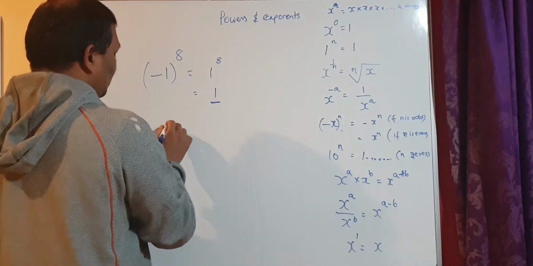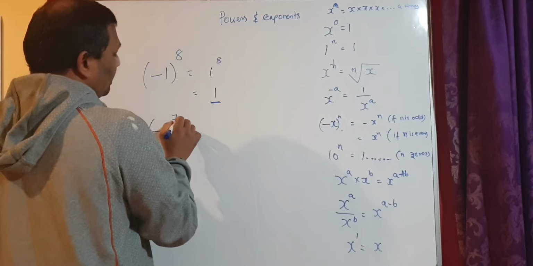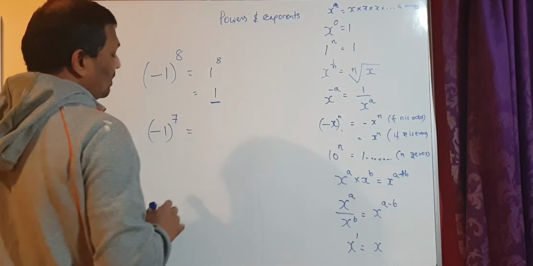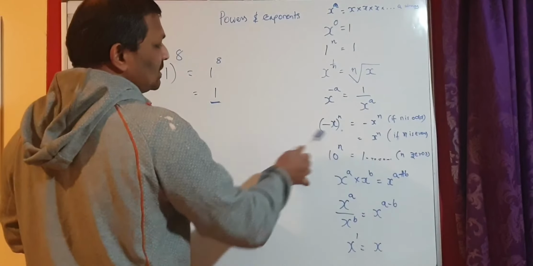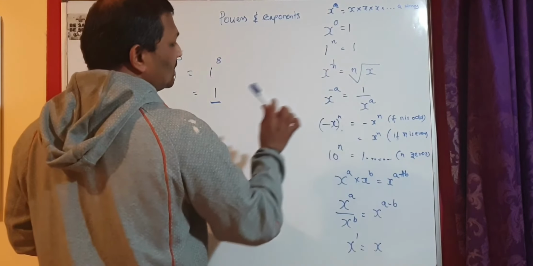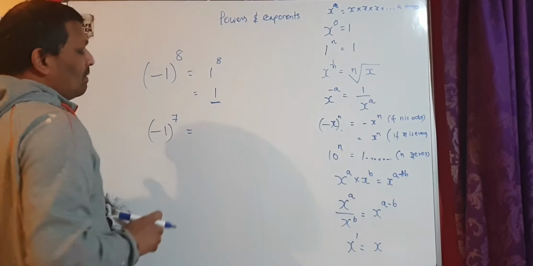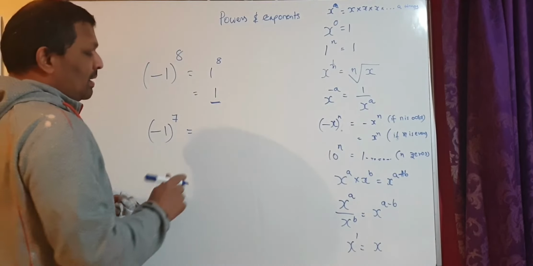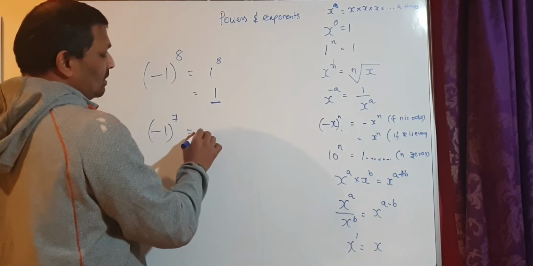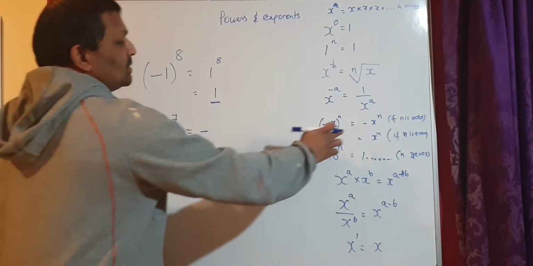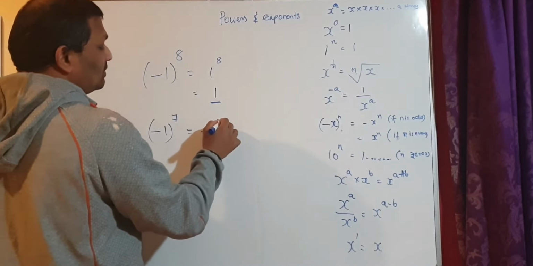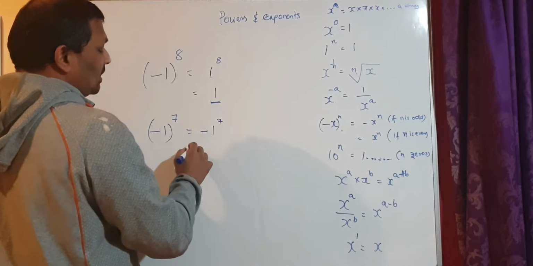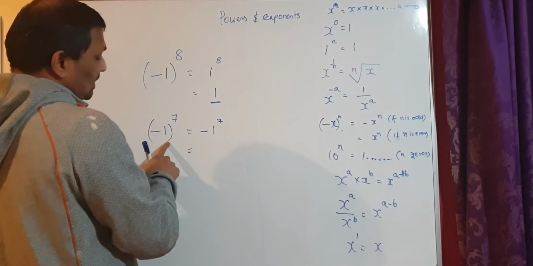For example, if I say minus 1 to the power of 7, what formula should you apply? Again, the same formula, but instead of putting it this way, you put it this way. The reason is that we have a power of 7, which is an odd number. So it's going to be minus x to the power of n. What is x here? x is 1. 1 to the power of 7. Again, there's a difference here.